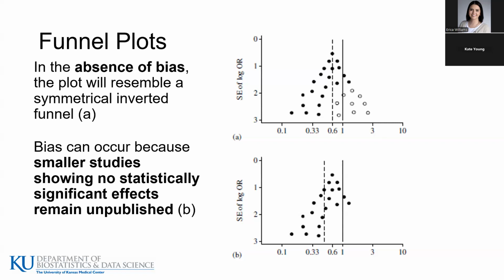In the bottom plot, the overall odds ratio is around 0.5, indicating a reduction in risk of about 50%. While in the top plot, when we're accounting for all studies, we can see a reduction of risk of about 40%, based on an odds ratio of 0.6.